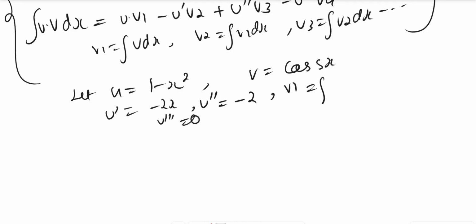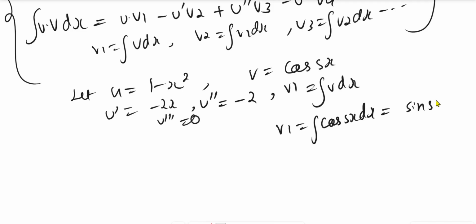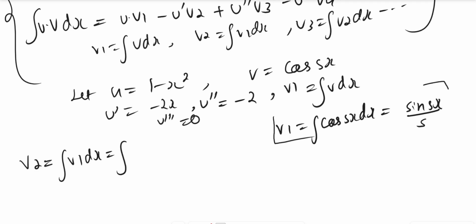Now v1 is integration of v dx, that is integration of cos sx dx, and the integration of cos is sin sx divided by s. Now v2 is integration of v1 dx, and v1 is sin sx divided by s, so it is integration of sin sx divided by s dx.